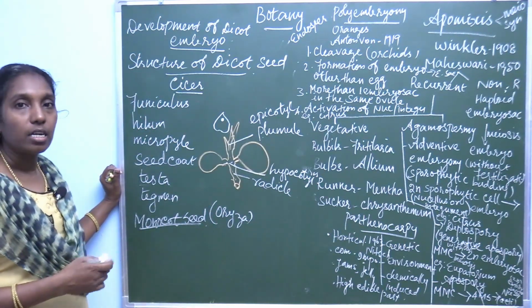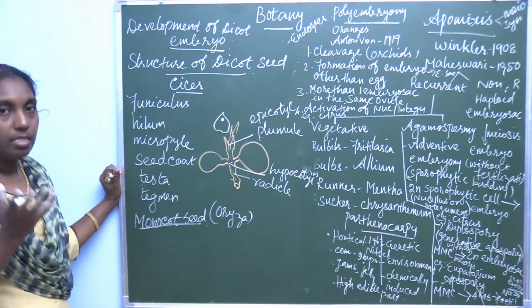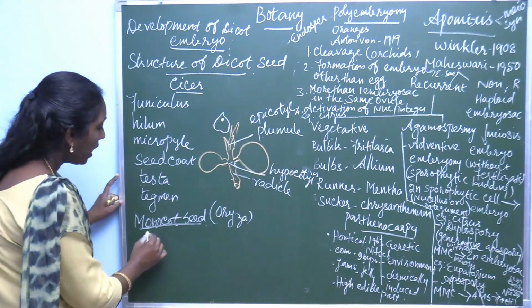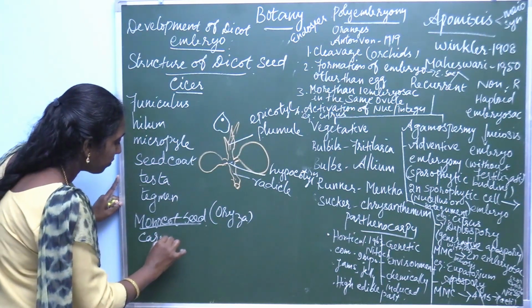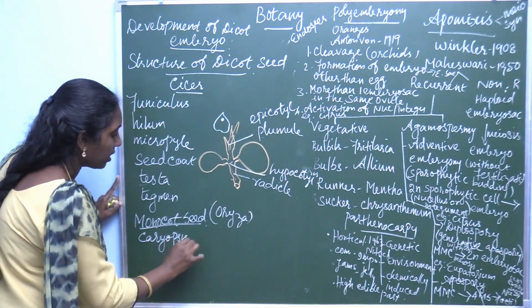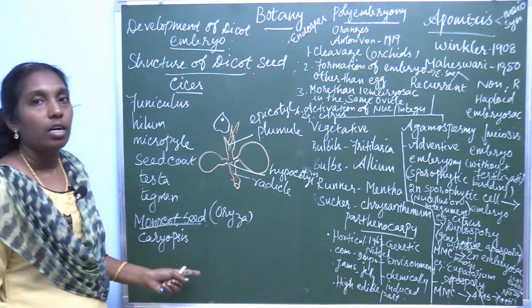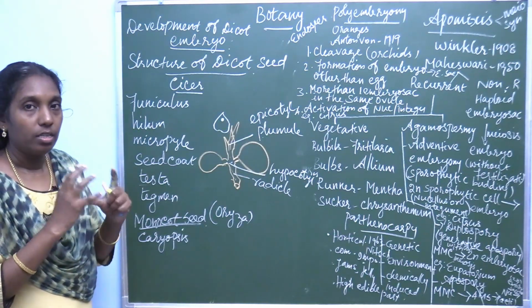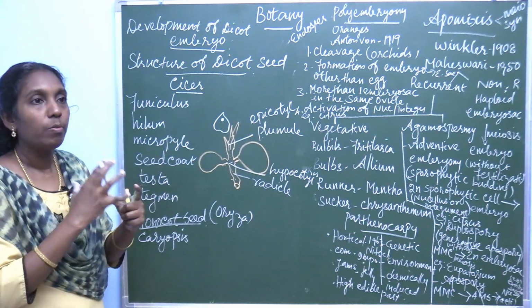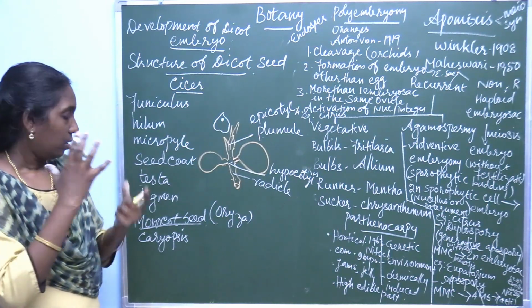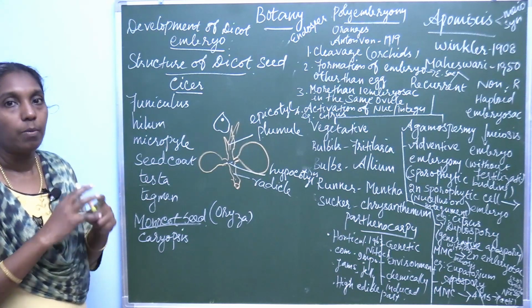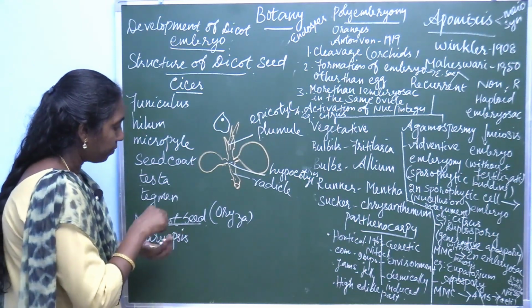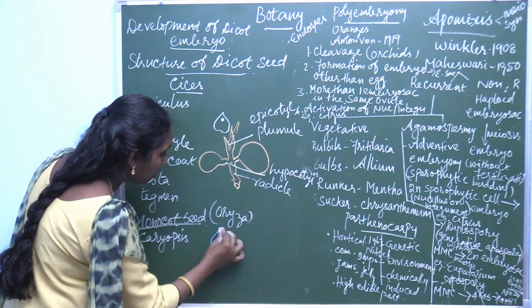This seed is single seeded, and the single seed is named caryopsis. The grain which develops is enclosed by a husk, the brownish hard husk which covers it.